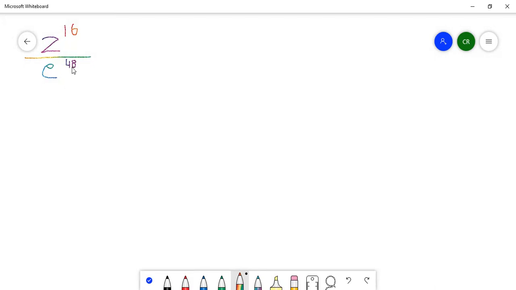Okay. Now we need to make the exponent the same. So here 48 is a large exponent which can be broken down into 16 into 3. Am I right?